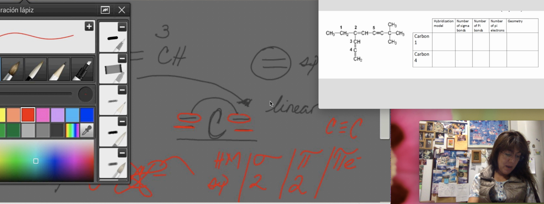So you have 2 over here, and you have 2 other pi electrons, 1 from this carbon atom binding to this carbon atom. So in total, this amounts to 4 pi electrons. And the geometry, as I was explaining a while ago, is going to be a linear geometry.